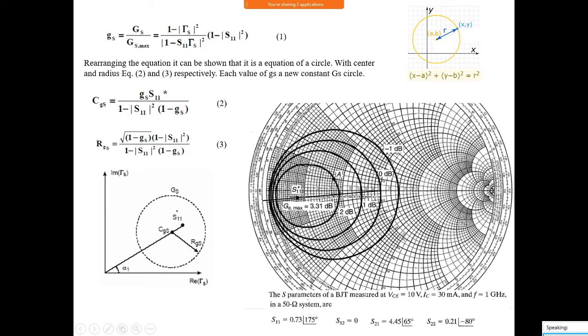If you take an impedance here, both imaginary and real terms will change. It has a resistance value and a reactance value, and both will change.